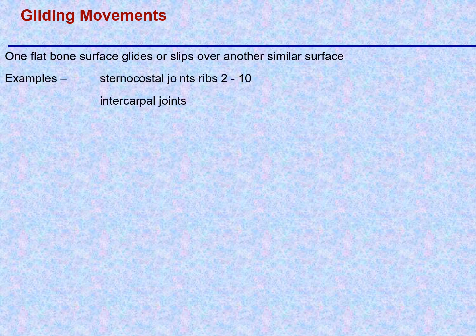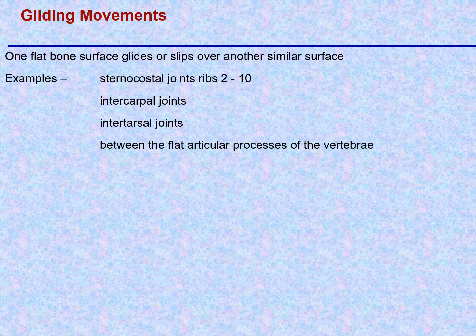Okay, so in terms of range of motion, as we were just discussing, introduced in the previous slide, in terms of gliding movements, and these are the synovial joints we're discussing here. Gliding movements are the kind you find with the plane type of synovial joint, and those are the ones found at the sternocostal joints between the sternum and ribs, rib pairs 2 to 10.